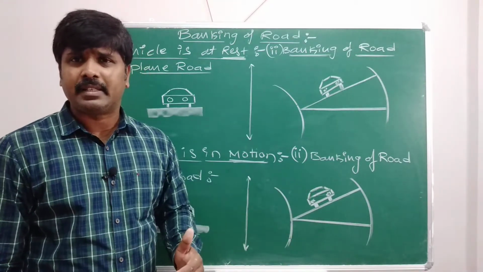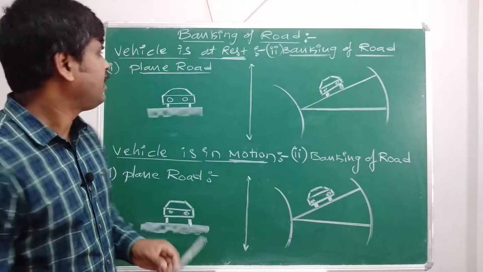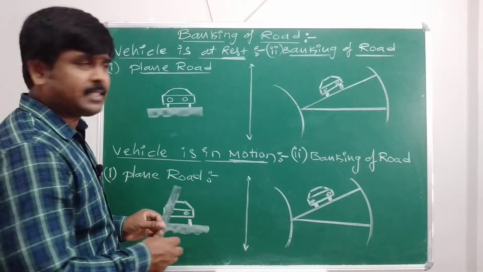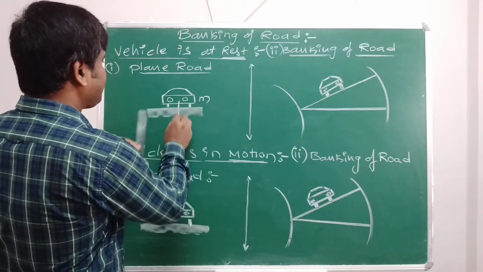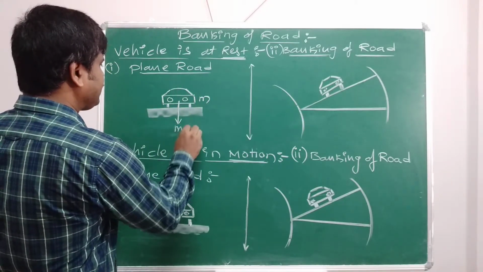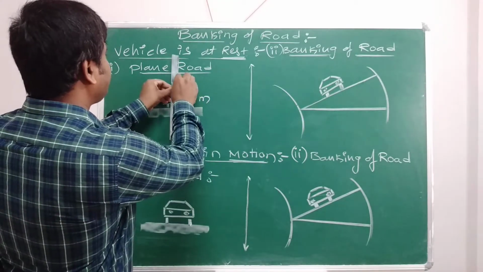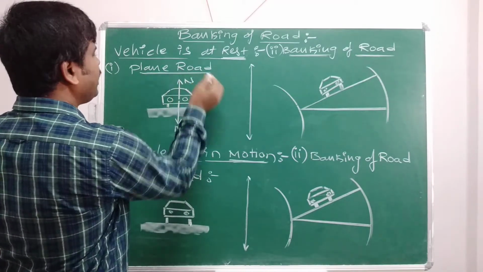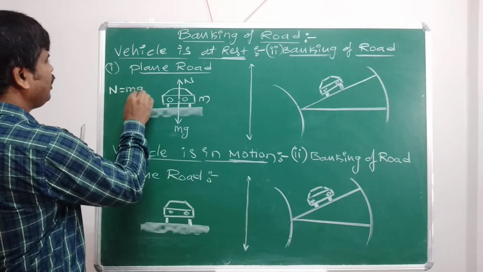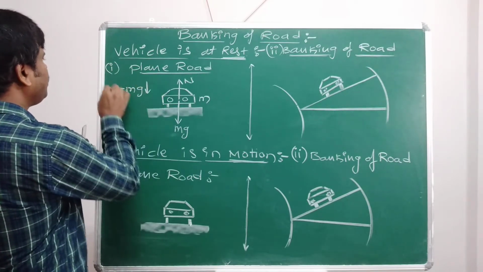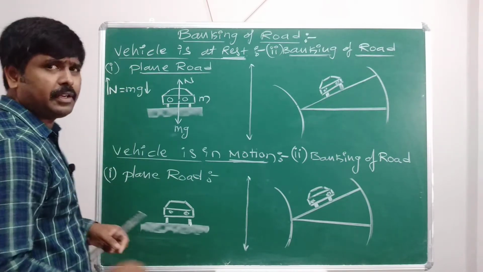What factors take place? We will discuss. M is the mass of the car. In the downward direction, mg takes place, and in the upward direction is the normal reaction. In this situation, the normal reaction is equal to mg. Both are equal in magnitude and opposite in direction.